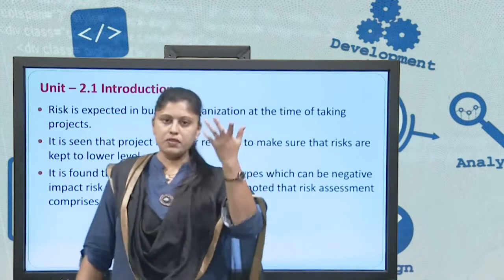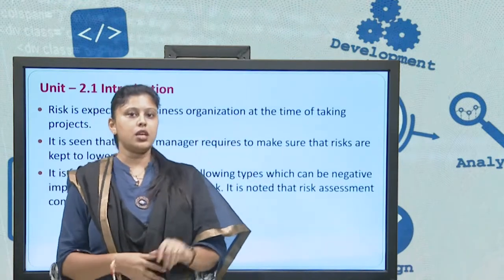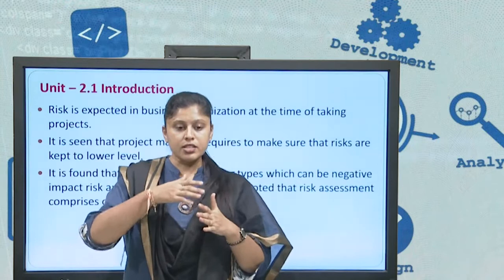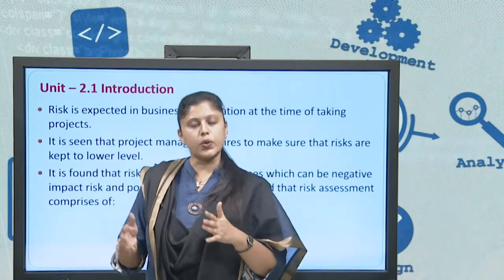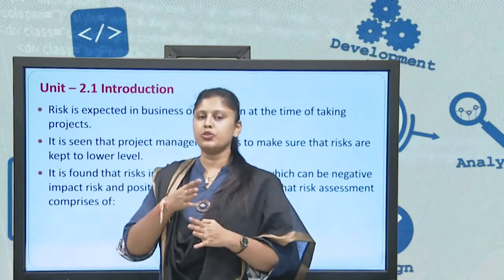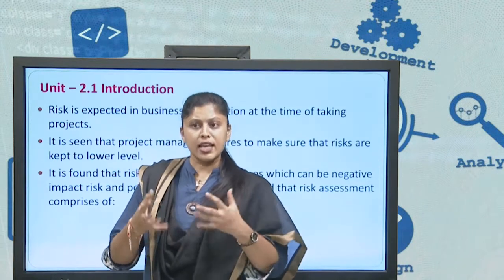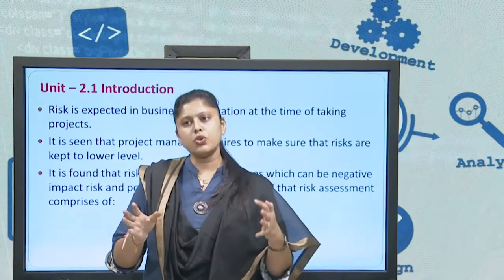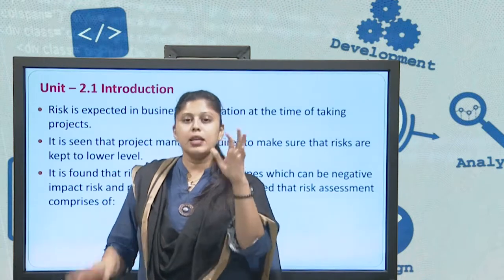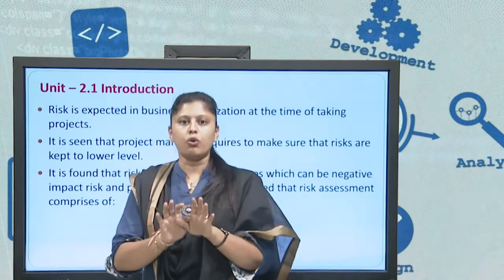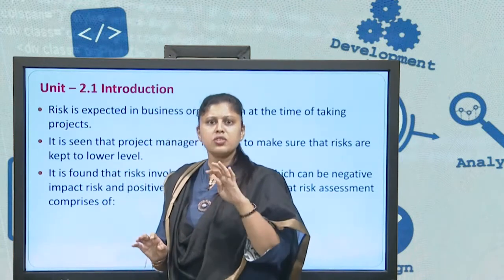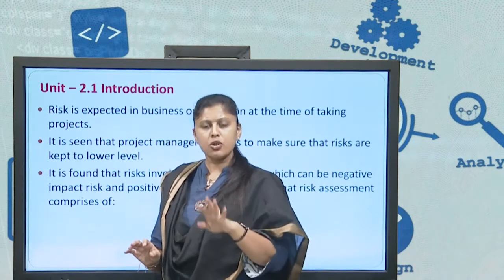In the previous session we talked about the levels of risk, whether low, medium or high. When you are taking up some project, the risk level should always be low, so keep your risk as low as possible.